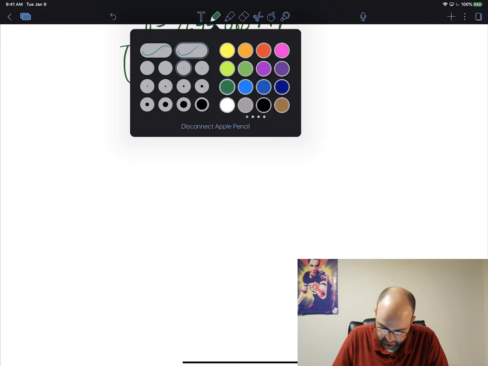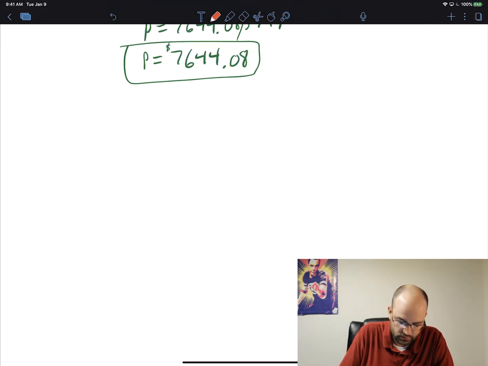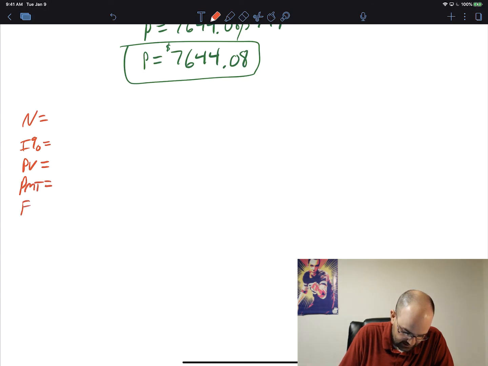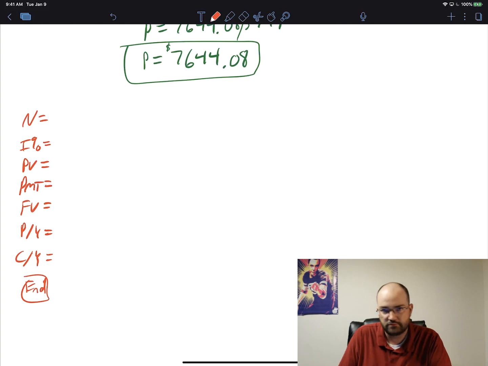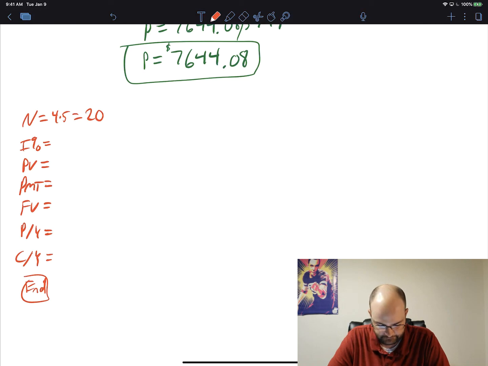So on the TVM solver, once you get there, you will see this: N equals, I% equals, PV equals, PMT equals, FV equals, P/Y equals, C/Y equals, and N should be highlighted. If it's not, just scroll over N and click Enter. Now, N is the total number of compounding events. You can just do 4 times 5, do Enter, and that will give you 20.